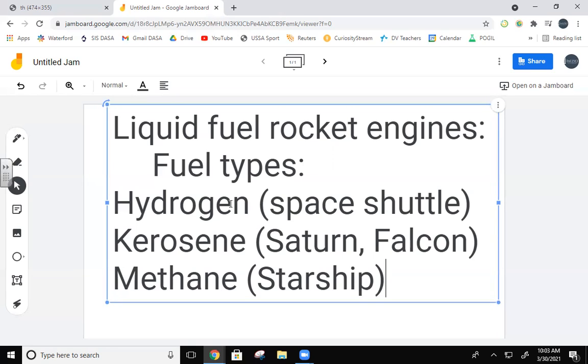Okay. So these are the most common. Kerosene is by far the most common. I can name just off the top of my head probably four more rockets that use kerosene: the Electron, the Soyuz, the PSLV and GSLV from India, the H2A, the Japanese rockets.